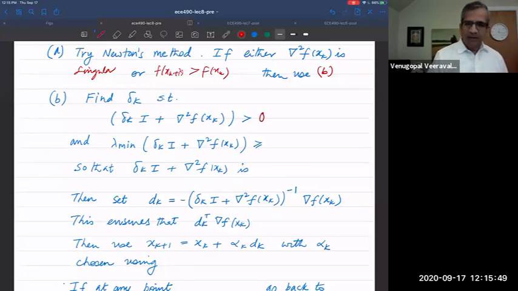So you choose a delta k such that delta k I plus the Hessian is positive definite. And in particular, you can ensure that the minimum eigenvalue is bigger than some delta, which is positive. So then you can easily invert this matrix.